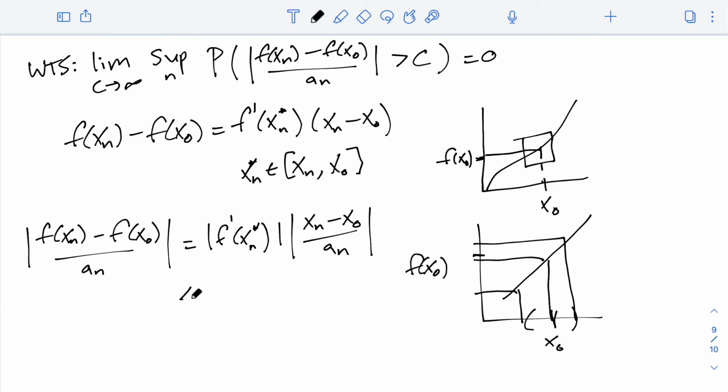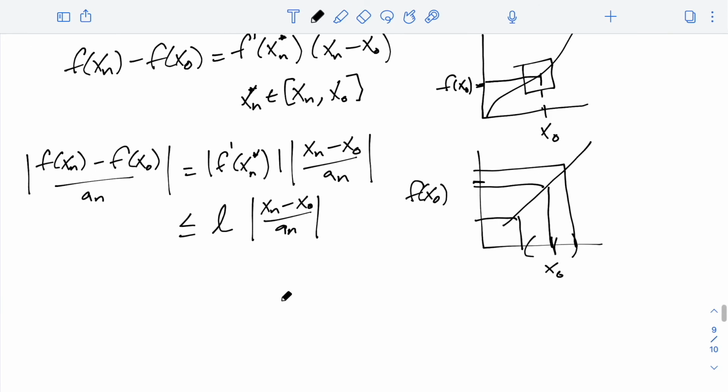And this is going to be less than or equal to L, that's the bound on the derivative, times (xn minus x0) over an. So this thing is going to be smaller than this. So the probability that this exceeds c will be less than or equal to the probability that this exceeds c.